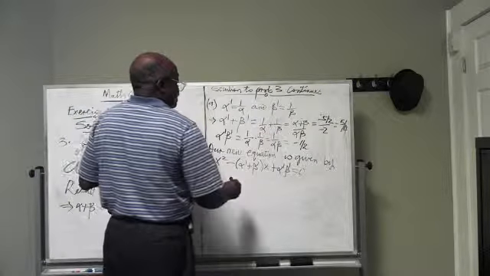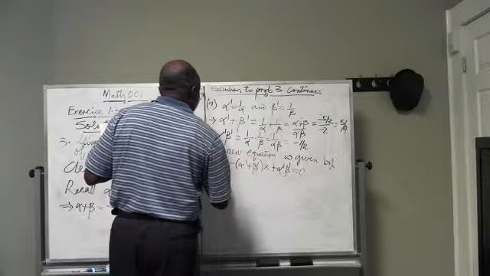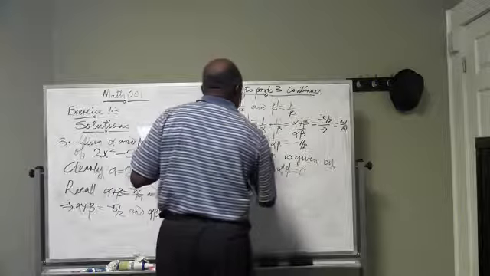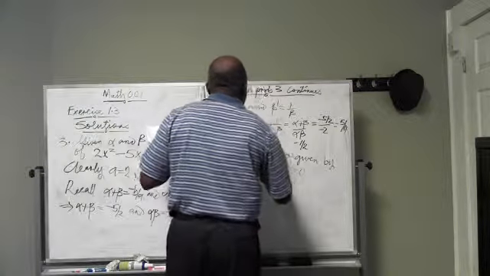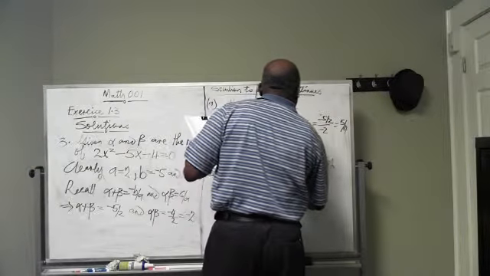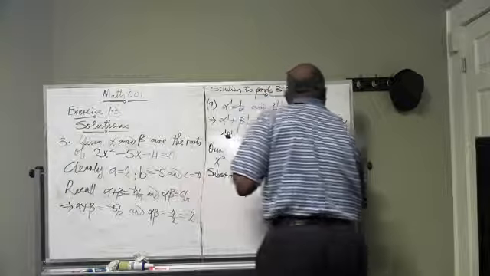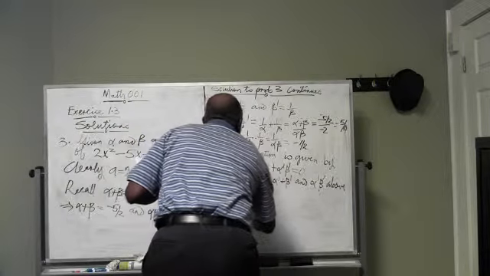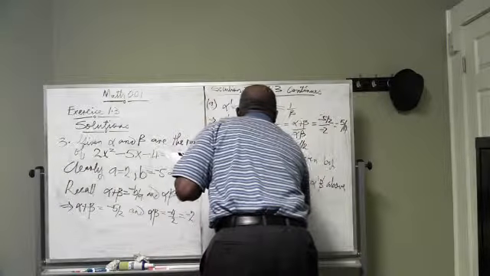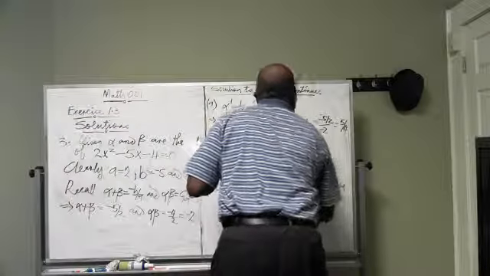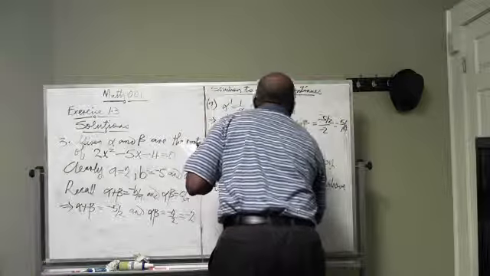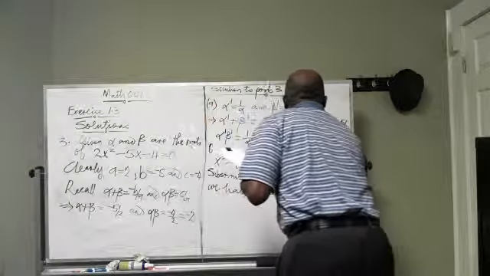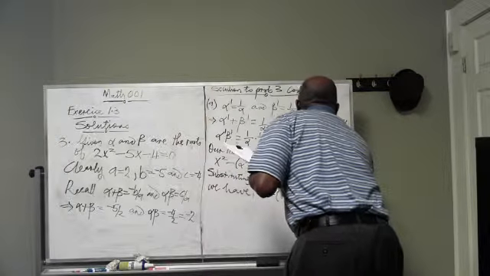Substituting for alpha prime plus beta prime and alpha prime beta prime above, we have x squared minus 5 over 4 x minus 1 over 2 equals 0.